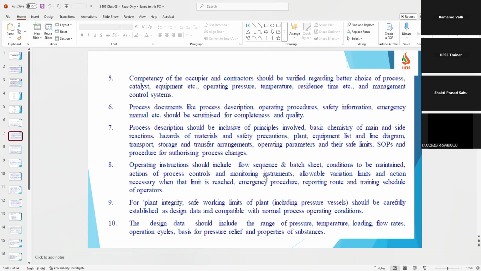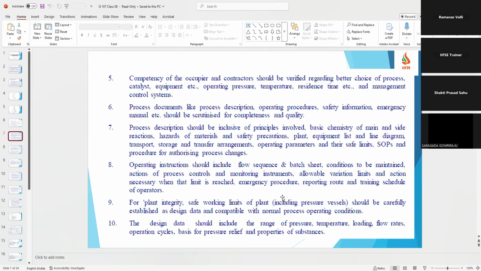Okay. Then process controls, monitoring instruments like pressure, temperature, the flow, etc. Allowable variation limits, in the sense the temperature plus or minus. For example, he has to heat that chemical which is inside the reactor at 50 degrees centigrade. There will be a tolerance.